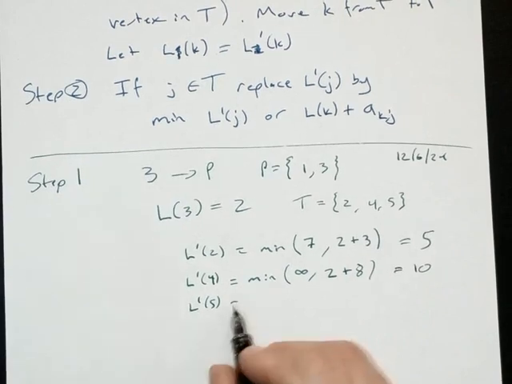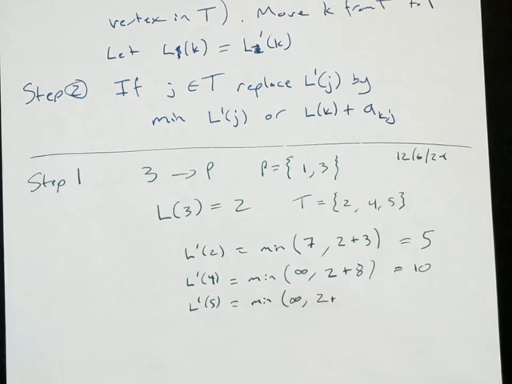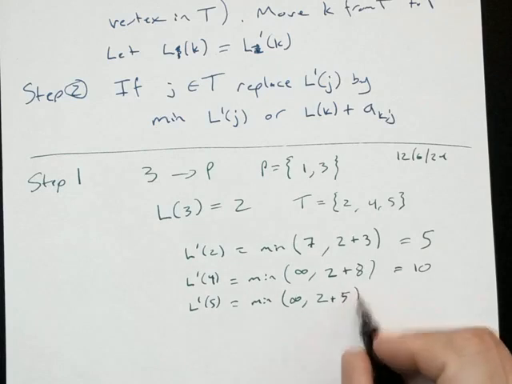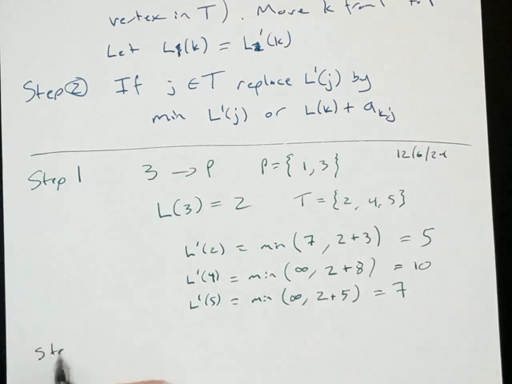The temporary label on 5 is the minimum of infinity or 2 plus the cost to go from vertex 3 to vertex 5. New labels. Repeat the setup.